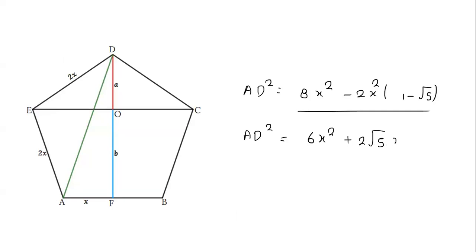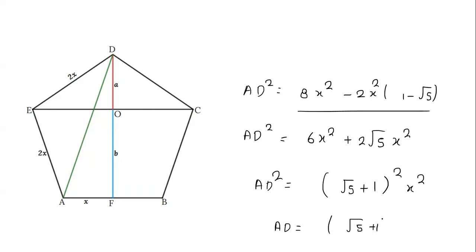x square. So from here we can write AD square as root of 5 plus 1 whole square multiplied by x square. So AD value will become root of 5 plus 1 times x.